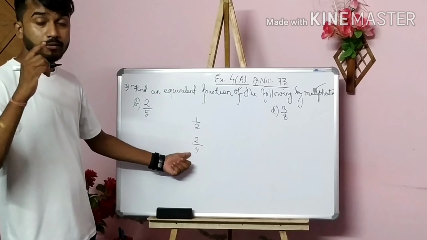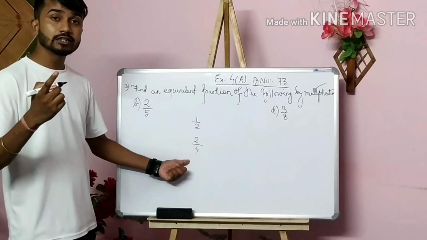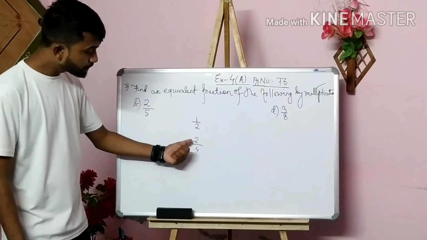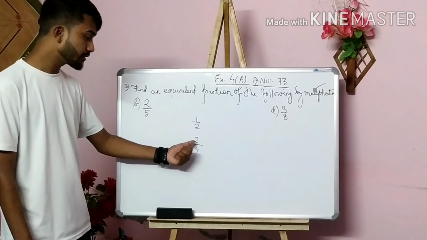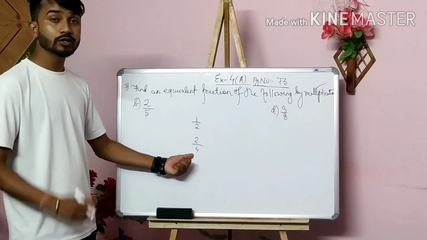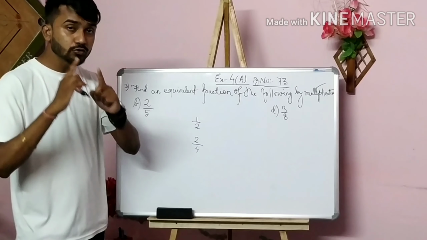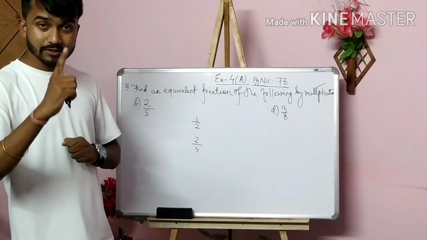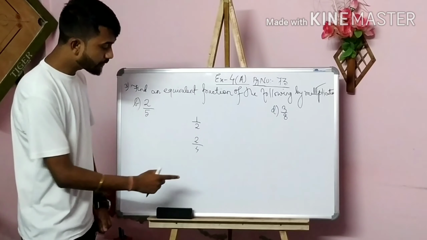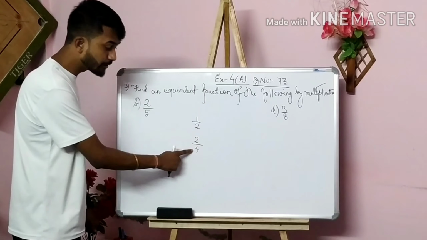The number that we choose should divide both the numerator and the denominator. You cannot take different numbers for the numerator and denominator. You have to choose one specific number that is going to divide the numerator and the denominator.